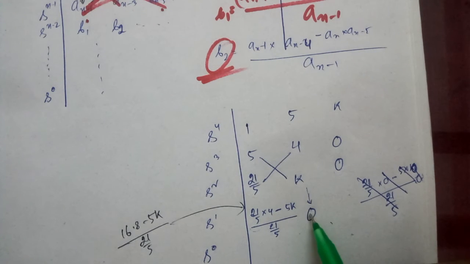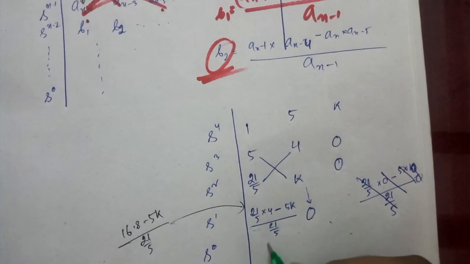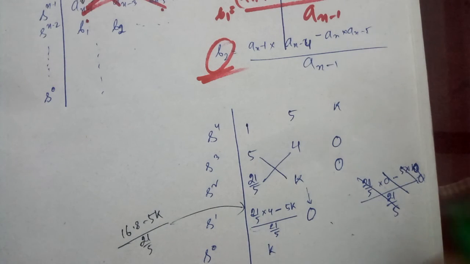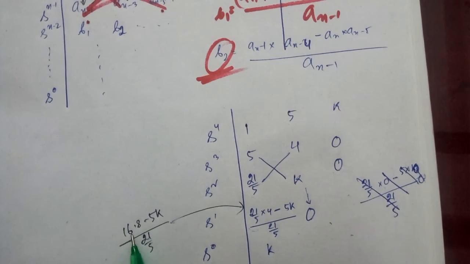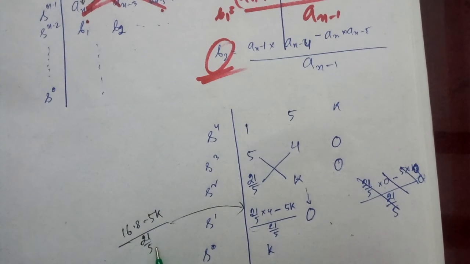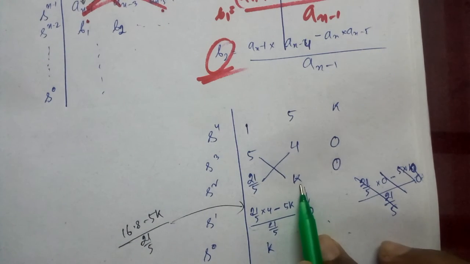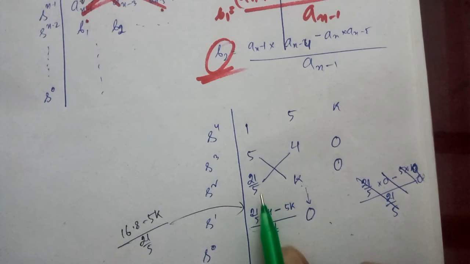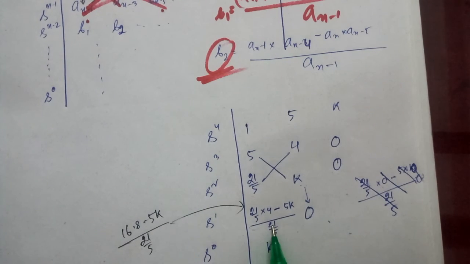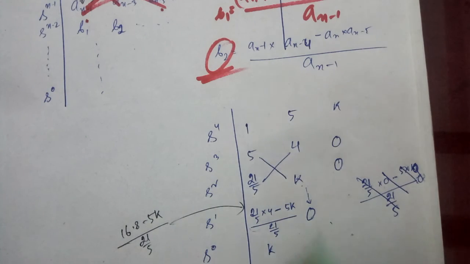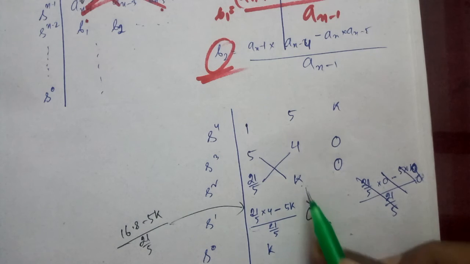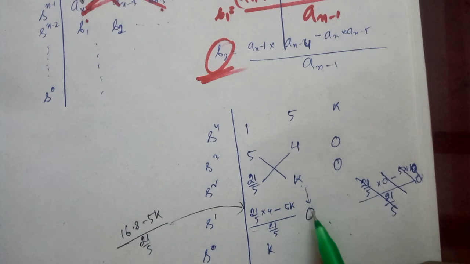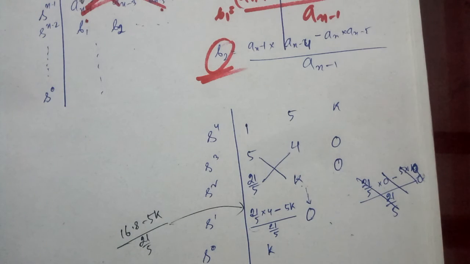You are seeing that below k is 0, so k will directly come here, or you can do the steps: 16.8 minus 5k by 21 by 5 into k, minus this into 0 means 0, by this term. So this into k by this term is k only. With the shortcut we can directly write k as there is 0 below the k. So this is very easy.